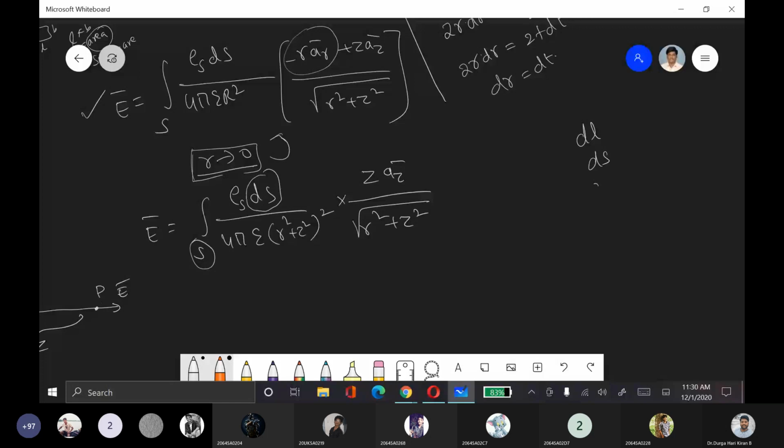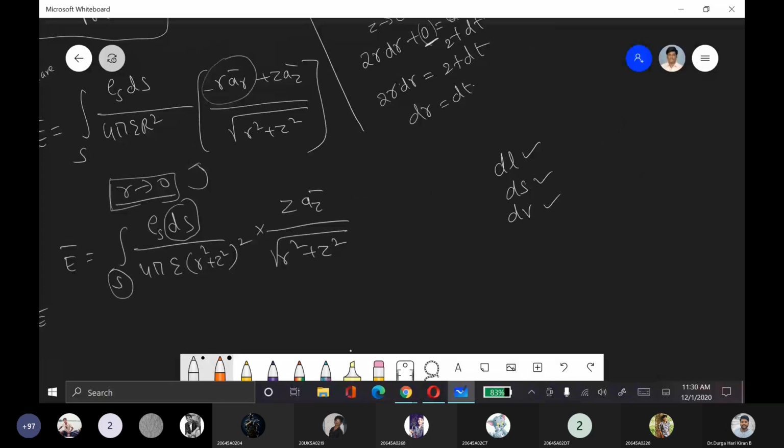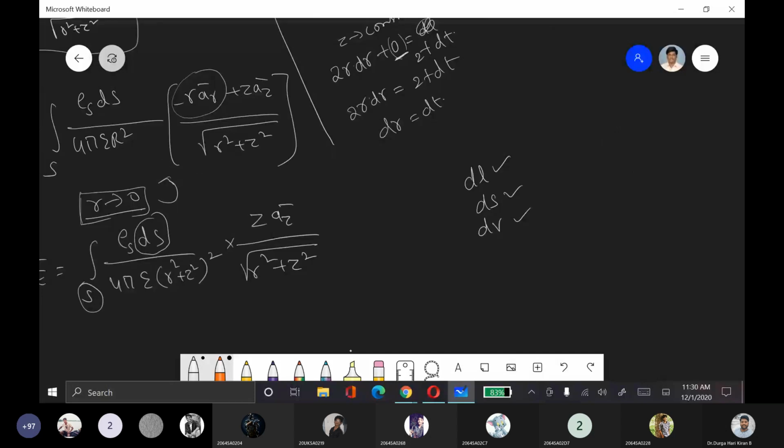For Cartesian coordinates, dl is dx ax bar plus dy ay bar plus dz az bar. Next, for cylindrical, dr ar bar plus r d phi a phi bar plus dz az bar.